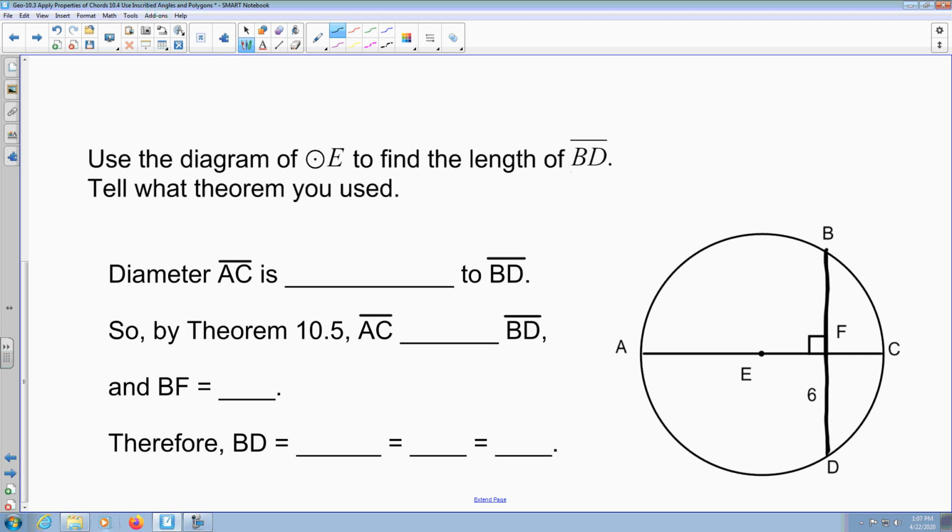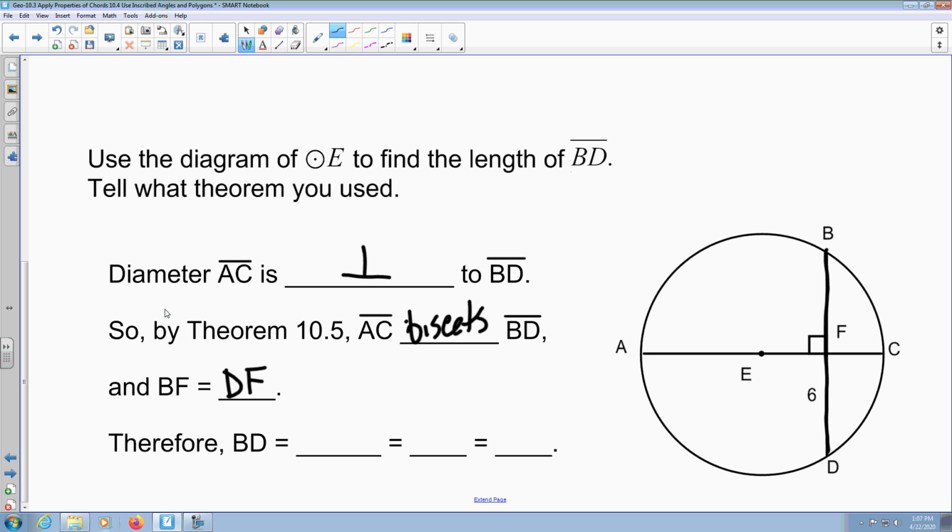Diameter AC is perpendicular, let me do a better symbol for perpendicular, to BD, so by Theorem 10.5, we can say that AC bisects BD and that BF is equal to DF.